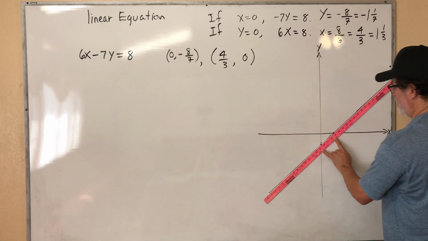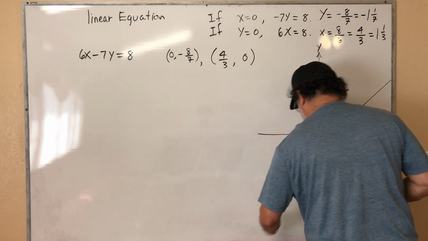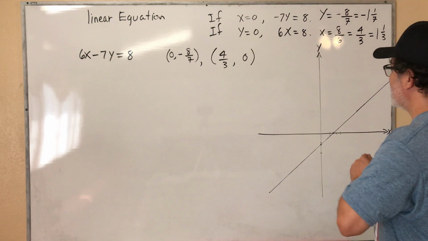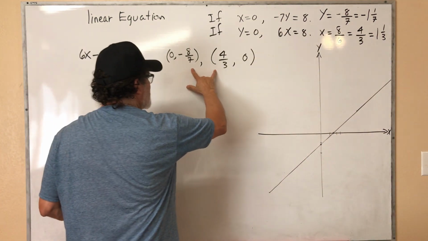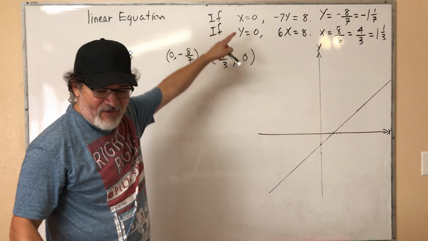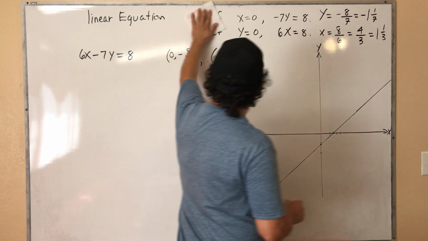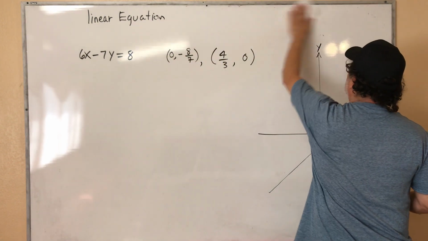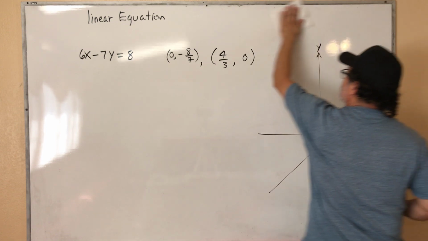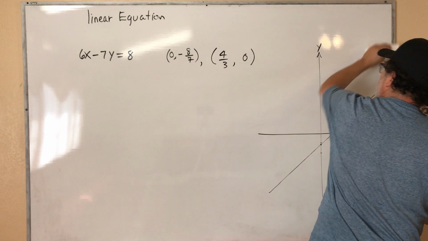And there you go. So this is the first equation. I found 2 points, and that's the way I found them. I need the room, so I'm going to erase this.